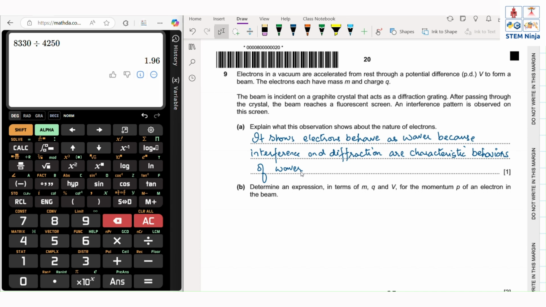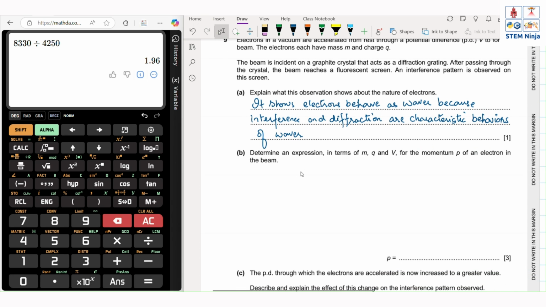Determine an expression in terms of m, q, and V for momentum p of an electron in the beam. Okay, so we know that the work done is equal to qV, and that is equal to the change in kinetic energy. So basically qV is equal to half m u squared. We can represent kinetic energy in terms of momentum also, that we did in AS, that is p squared over 2m.